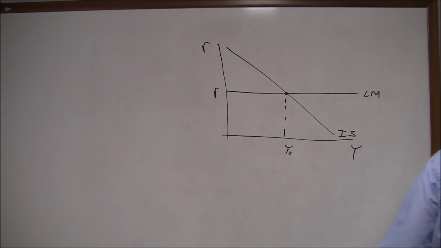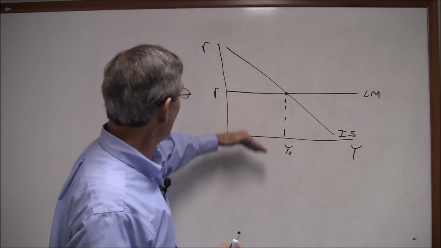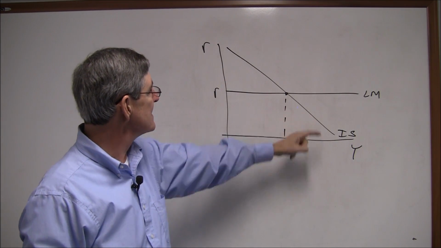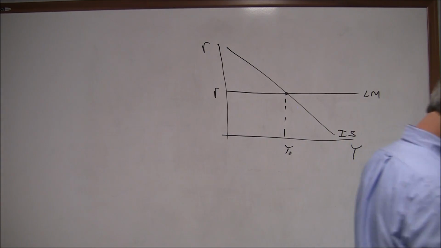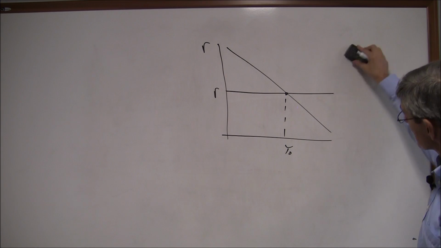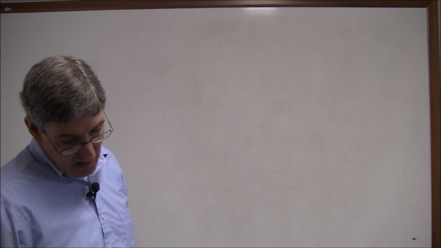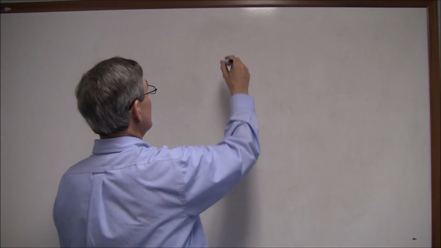Monetary policy is going to be easy. It's just going to be changes in the target interest rate. It'll move this line up or down. Fiscal policy is going to move the IS curve around. But let's go through it very quickly just so we can see how it works. It's pretty simple, I think, hopefully, for once. We'll see. Okay, so fiscal policy in the IS-LM model.